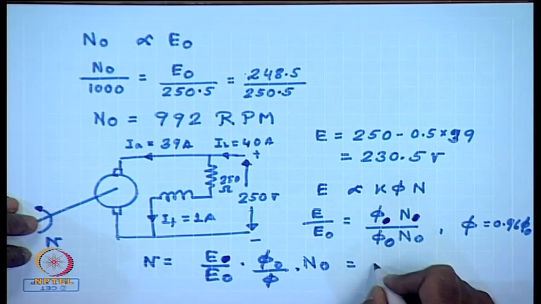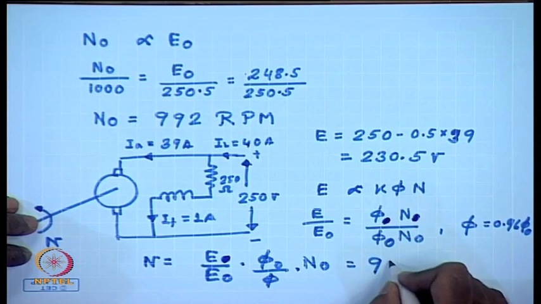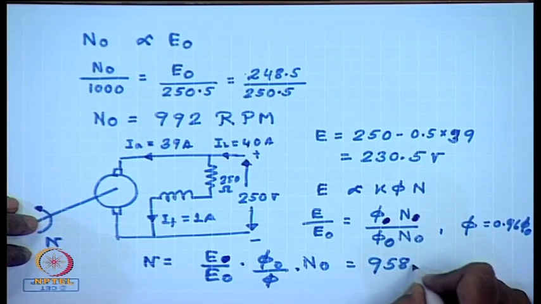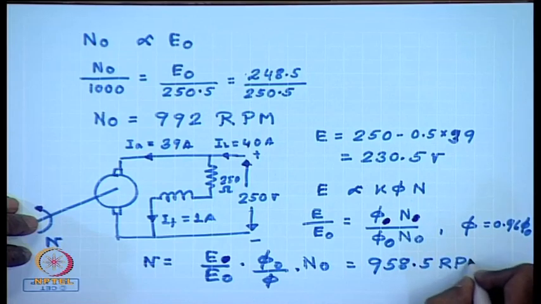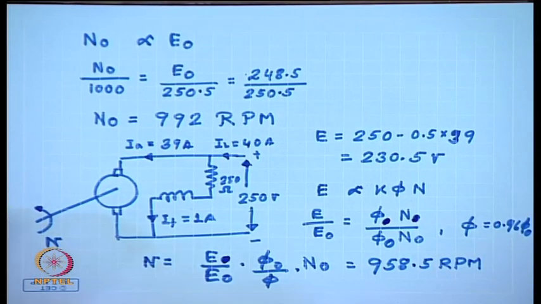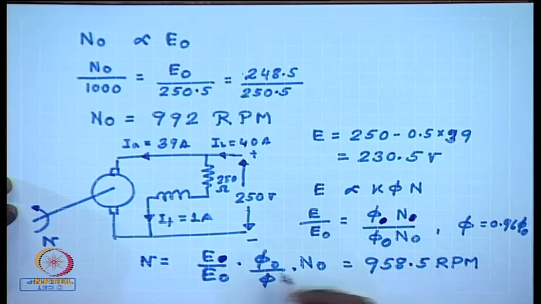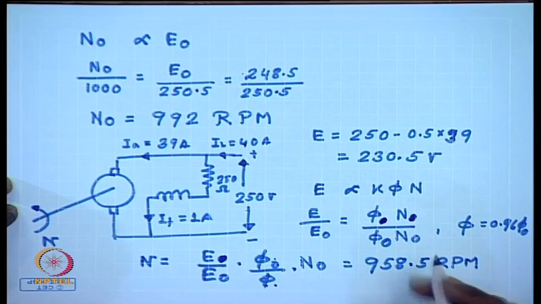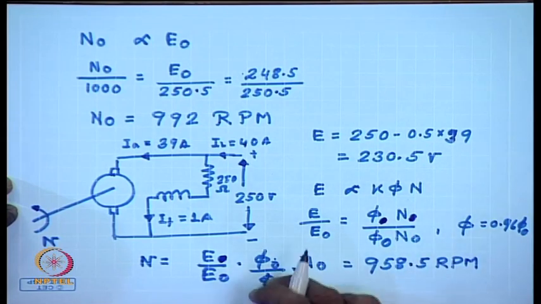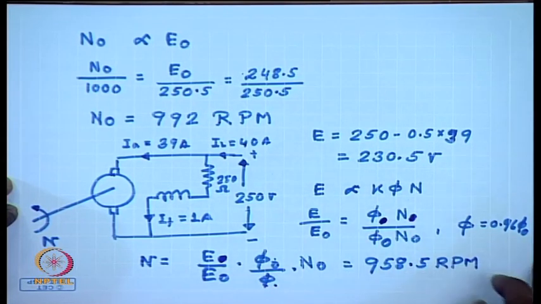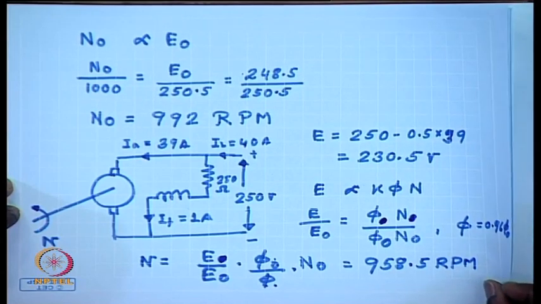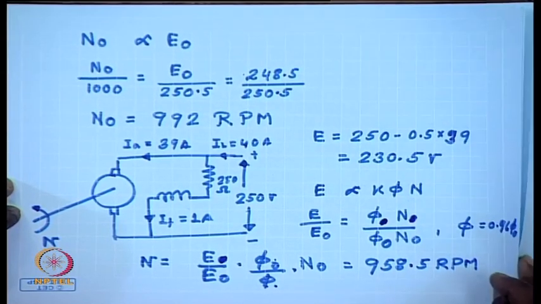This comes to 958.5 RPM. Interesting to see that if phi0 and phi would have been the same, then the speed drop would have been more, because this quantity is larger than 1. Phi0 by phi is equal to 1 by 0.96.